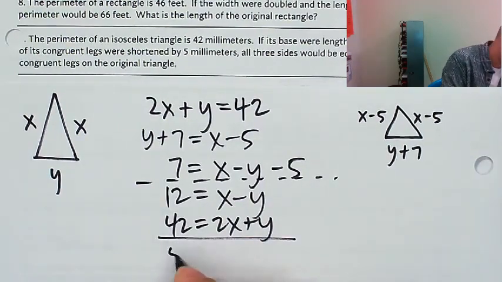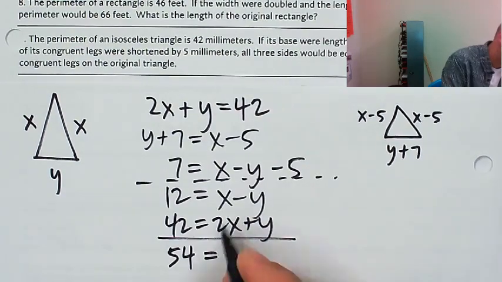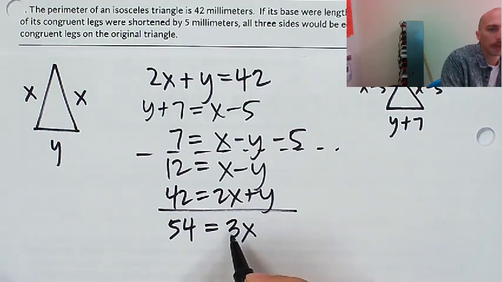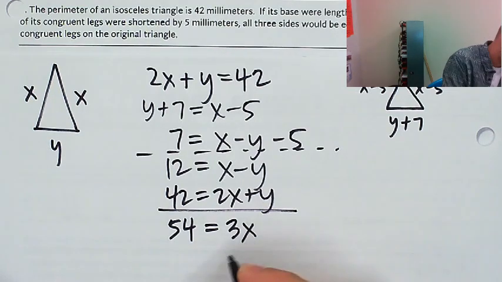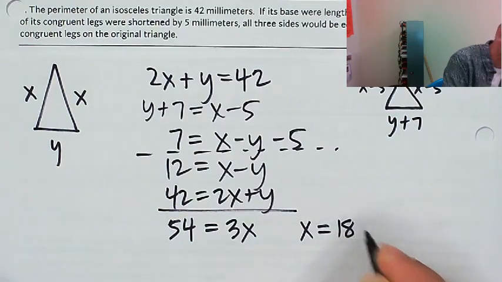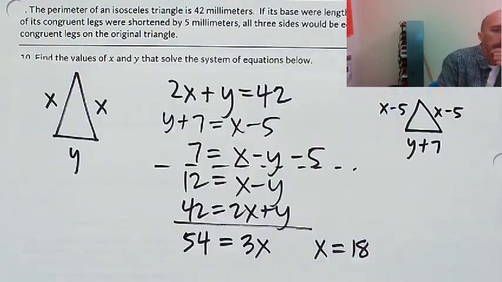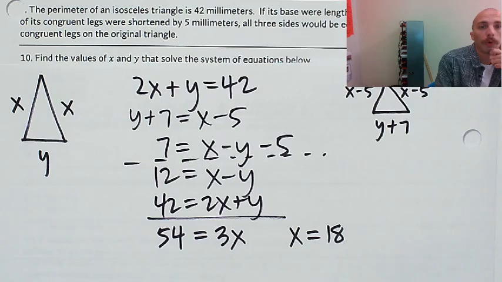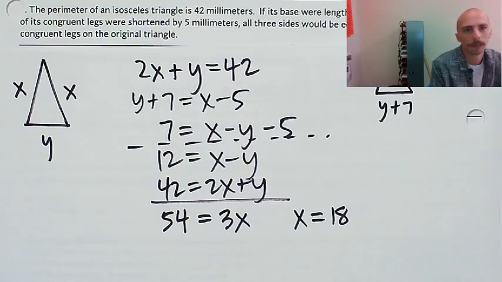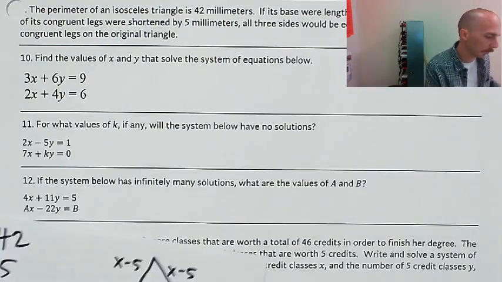Okay, so 12 plus 42 is going to be 54. That's going to be 3x. I'm going to divide both sides by 3. And I'm going to say, oh, all right, x is going to be 18, because 54 divided by 3 is 18. And that's what they were looking for. One of the congruent leg lengths, well, that's going to be 18. Okay. And I think that'll be all for that one.